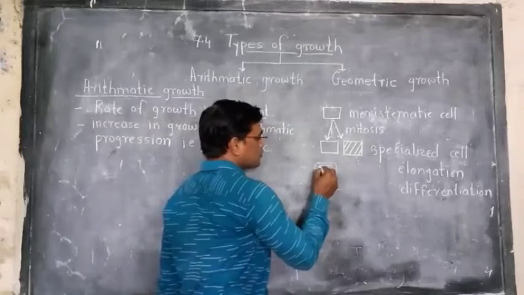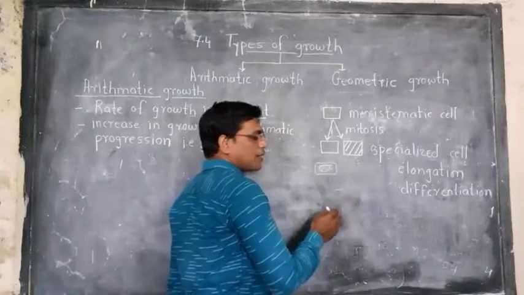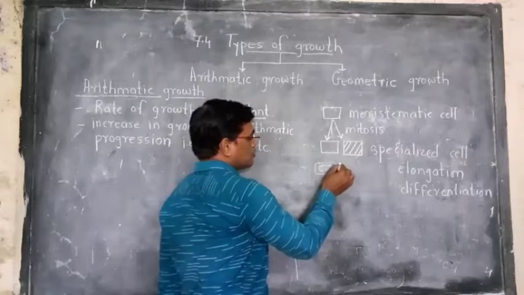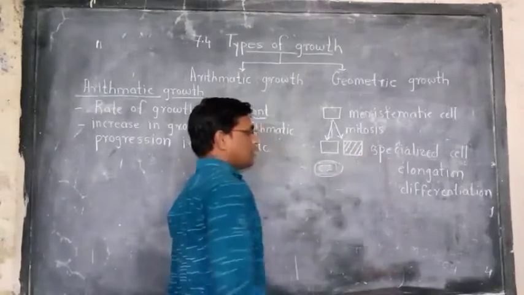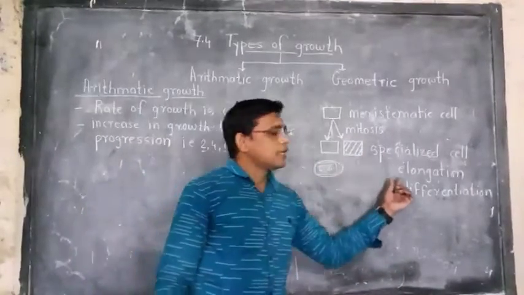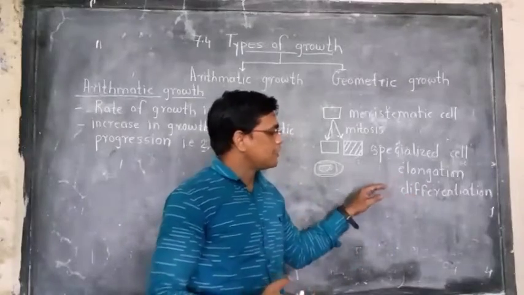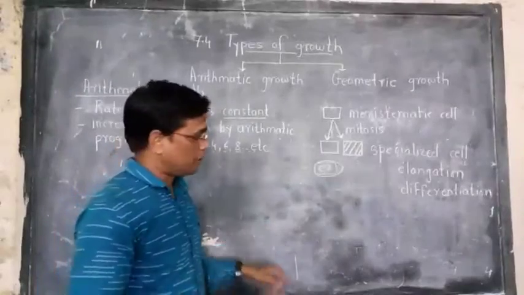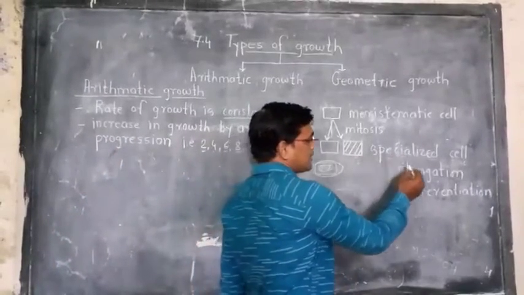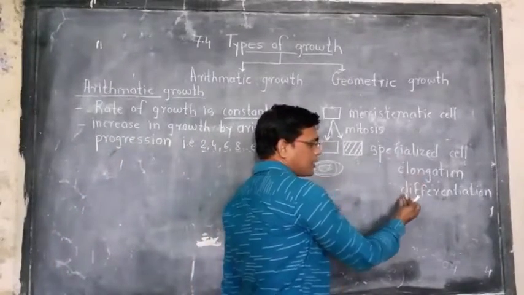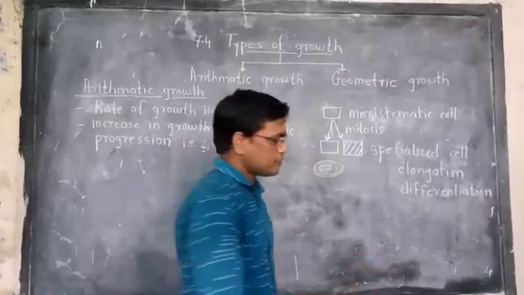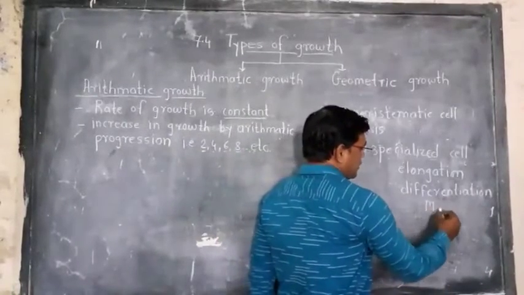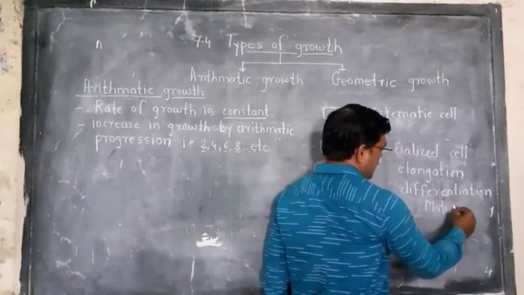At the same time the cell also grows in size, meaning the cell elongates at this stage, and after that cells are differentiated to perform different functions. In this way it attains maturity.